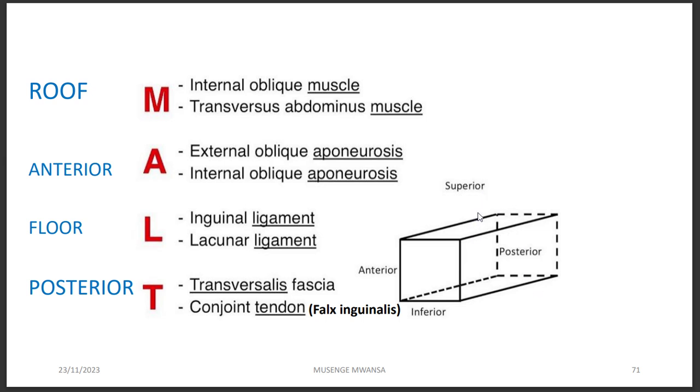When they go to the posterior, they are no longer muscles, but form a tendon called the conjoint tendon or the falx inguinalis. They can use either name. So the transversalis fascia and the falx inguinalis or the conjoint tendon will form the posterior wall.